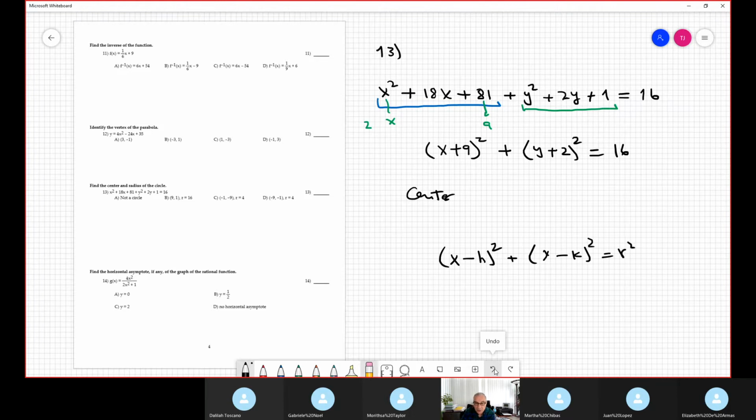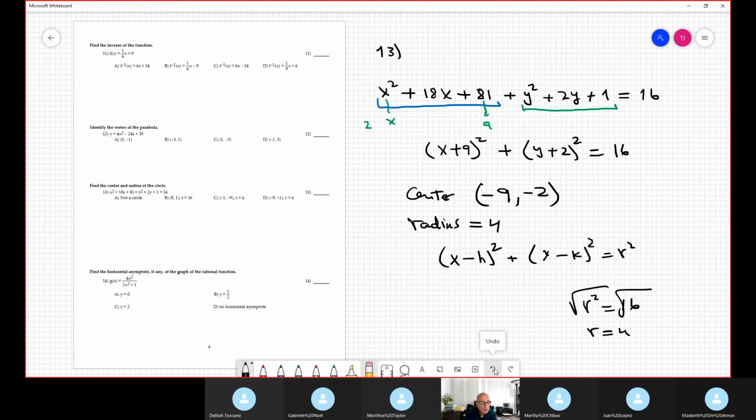You see a contradiction because in the formula it's minus, but in my specific example it's positive. The reason is because h is negative 9, the opposite sign. Likewise, here 1 is negative 1. This is the center. And the radius: r squared is 16. Therefore r alone, square root of both sides, is 4.